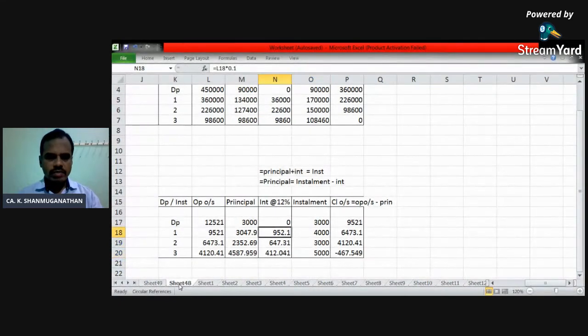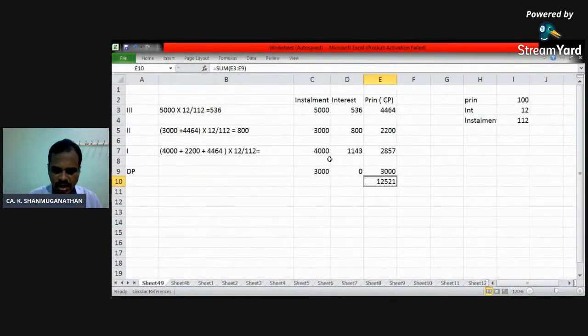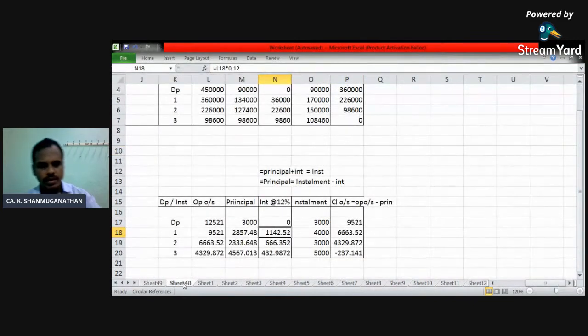Now, interest we should calculate on the opening balance at the rate of 12%. You see it tallies now. The 1,143 we got there, look at the first year interest: first installment interest 1,143. It tallies. Actually, we are computing it on the outstanding. So 1,143.